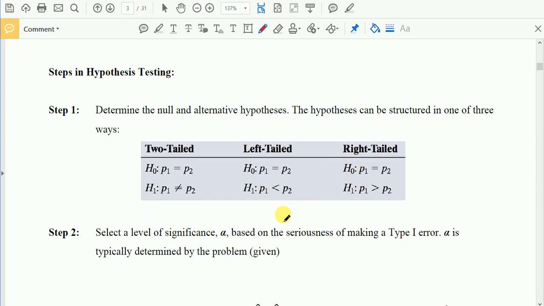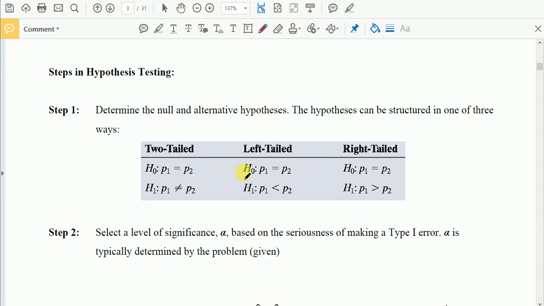Now, there are some steps in hypothesis testing. The first thing is you have to determine the null and the alternative hypothesis. And again, they still have three cases: the two tails, left tail, and the right tail. The null hypothesis is always that the first proportion and the second proportion are equal to each other.